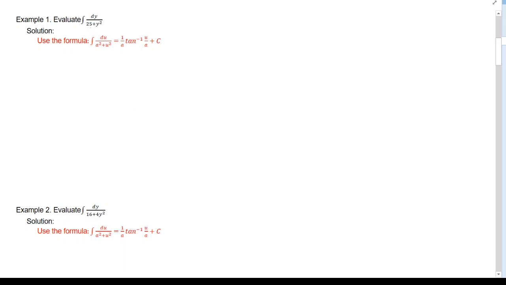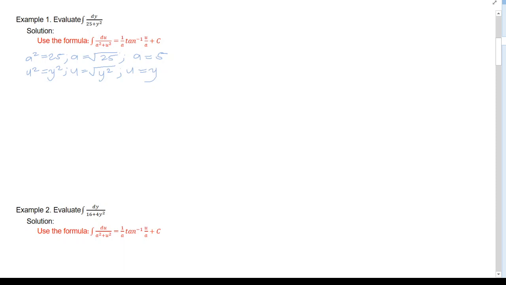The value of a squared is 25, so a is the square root of 25, and a is equal to 5. For u squared equal to y squared, u is the square root of y squared, so u is equal to y already.